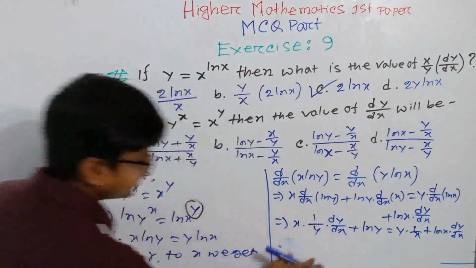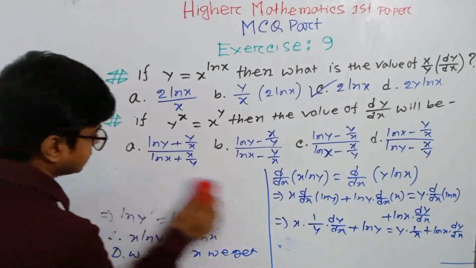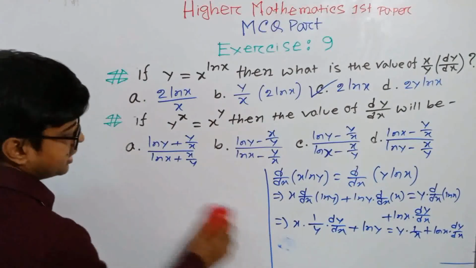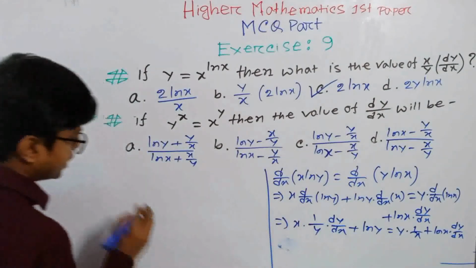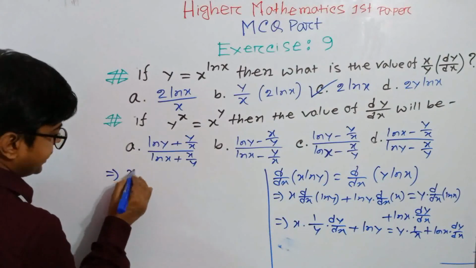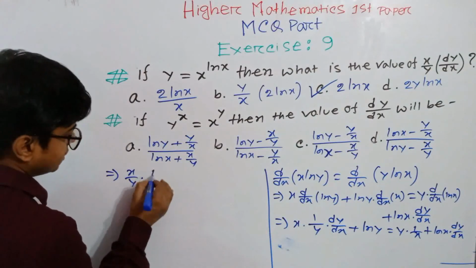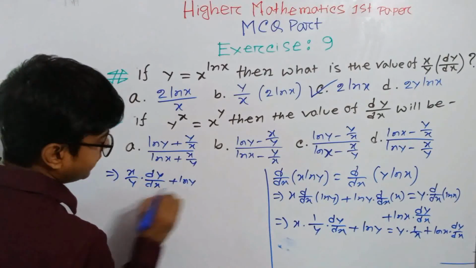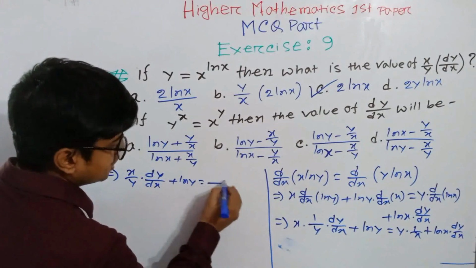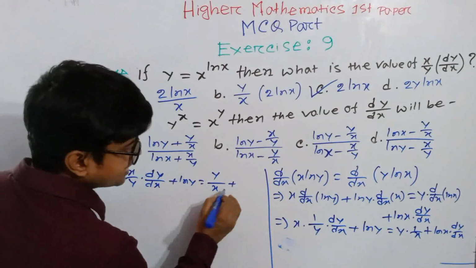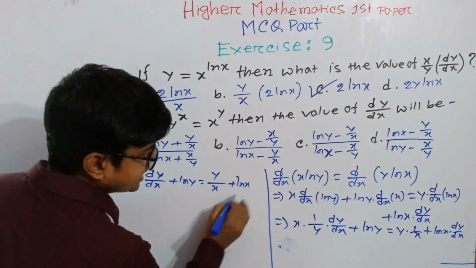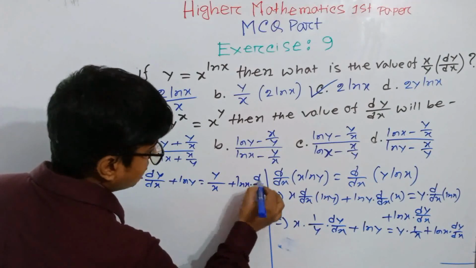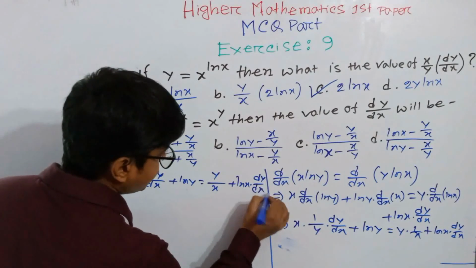After this line, we can write x by y into dy/dx plus ln y equals y by x plus ln x into dy/dx.